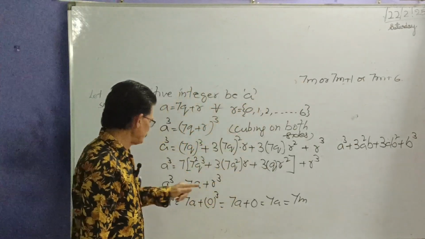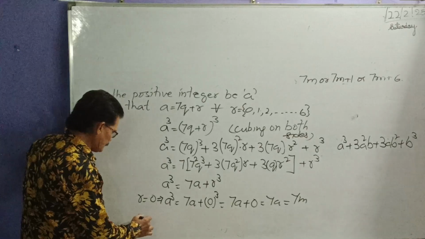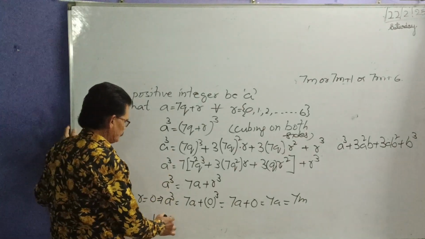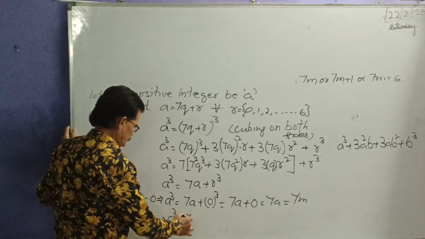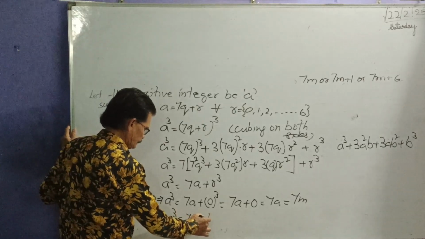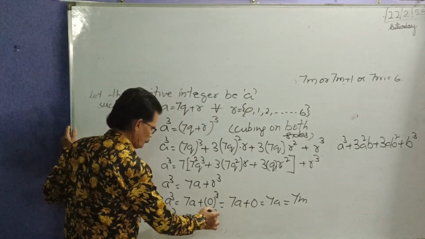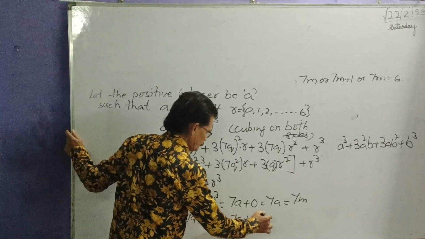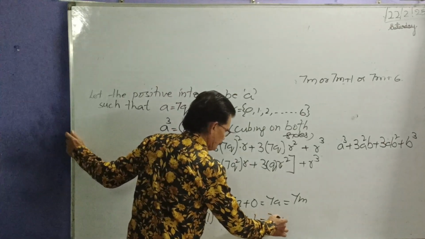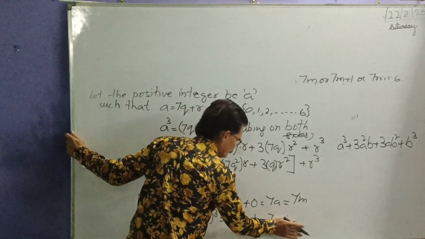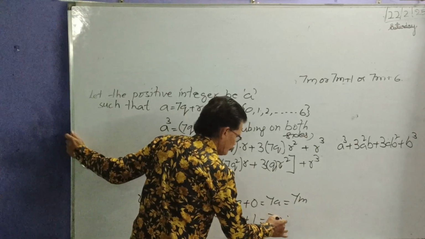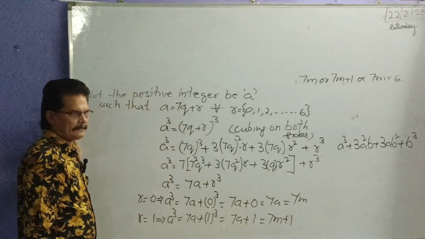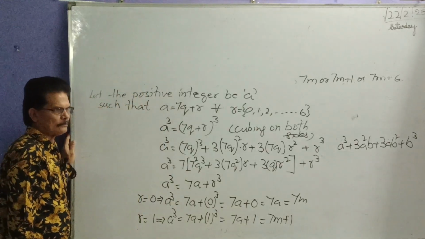Next, r is equal to 1. A cube is equal to 7a plus 1 cube, 7a plus 1, that is 7m plus 1.